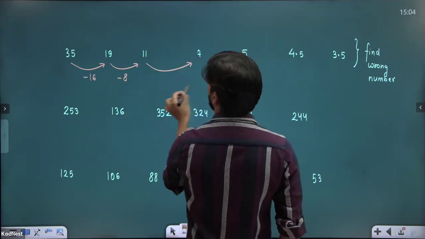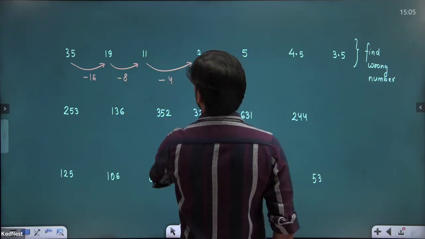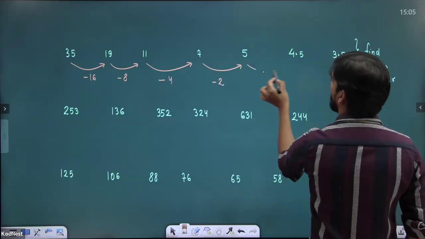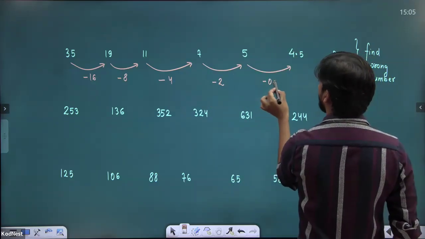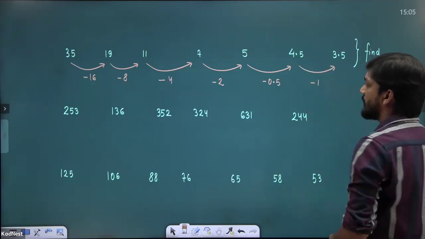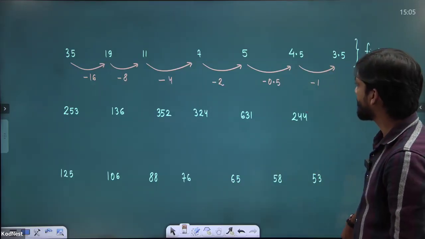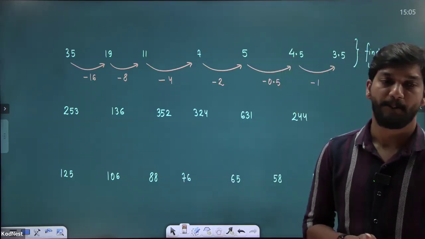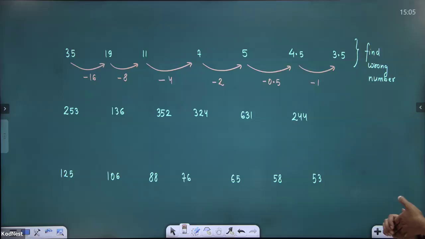Okay, 11. 11 minus 4. 7 minus 2. 5 minus 0.5 and minus 1. So now you will try to observe. So carefully answer. Where do you see the disturbance? Where do you see?